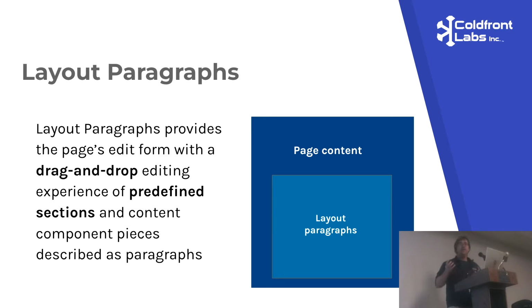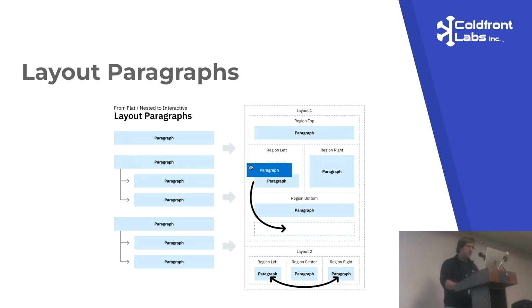You can also have other types of predefined sections. Later, we're going to make our own sections and have our own things exist in there, but just as a concept of what layout paragraphs are, we get some by default with the system, where it's mainly different types of columns. Then on one page there can be a 3-column section and a 2-column section. Actually, I have a better picture coming up.